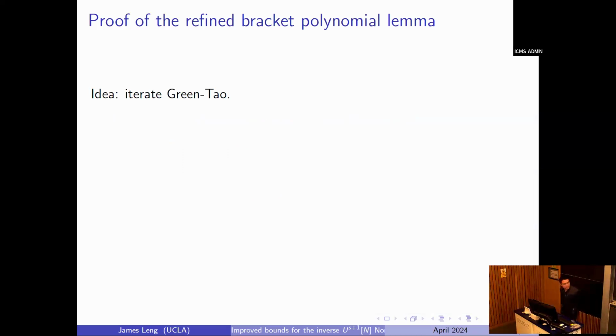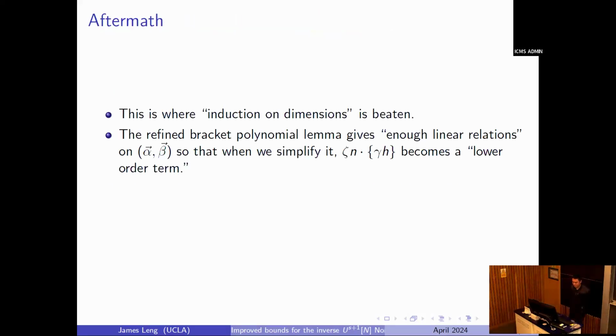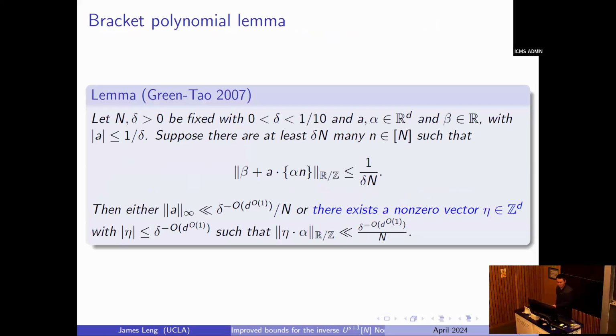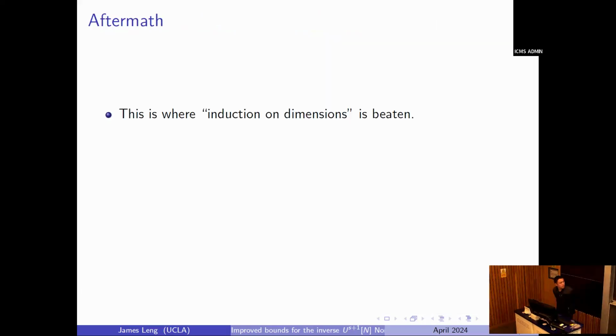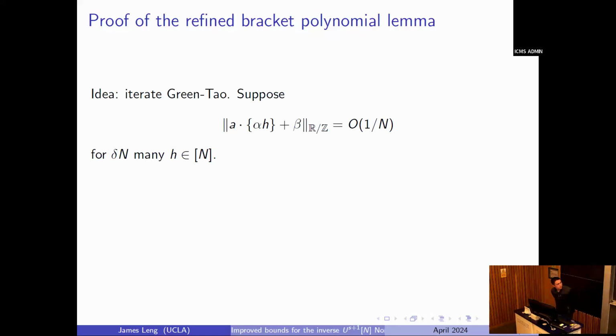So here is a sketch of the proof. The idea of this proof is to iterate the regular bracket polynomial, so iterate this lemma over here. Suppose that a dot bracket alpha h plus beta is really close to an integer for a bunch of h's.